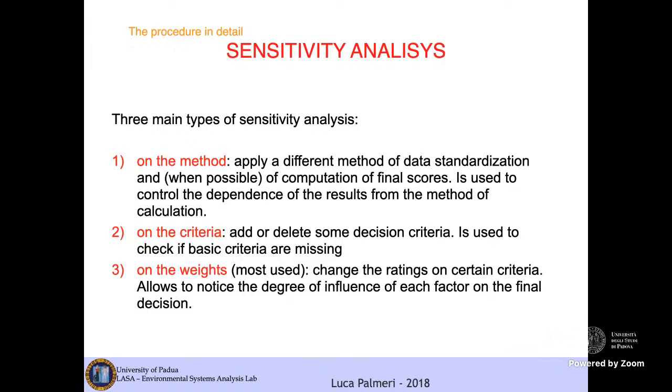You may make a sensitivity analysis on the criteria and delete some decision criteria. It is used to check if basic criteria are missing, for example, or on the weight that is the most sensitive, the most used. You change the ratings on certain criteria. This allows you to notice the degree of influence of each factor on the final decision.